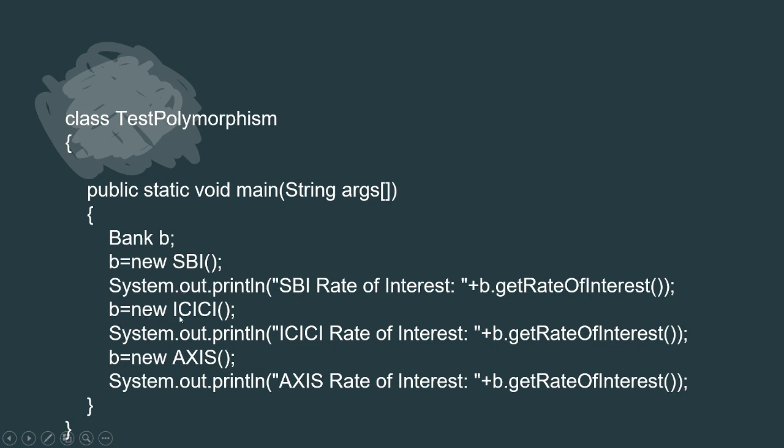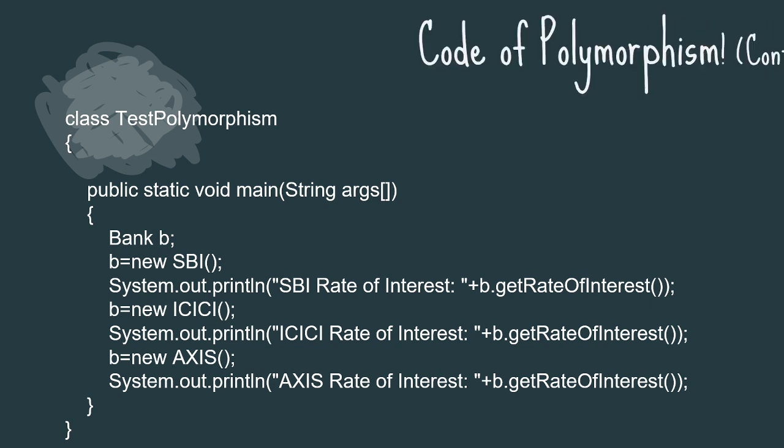And again, we want to display the result of ICICI, then b = new ICICI, and then System.out.println. Same thing for Axis Bank. So like this, we'll get the rate of interest for different banks with different values. Okay, so this is the code of polymorphism.